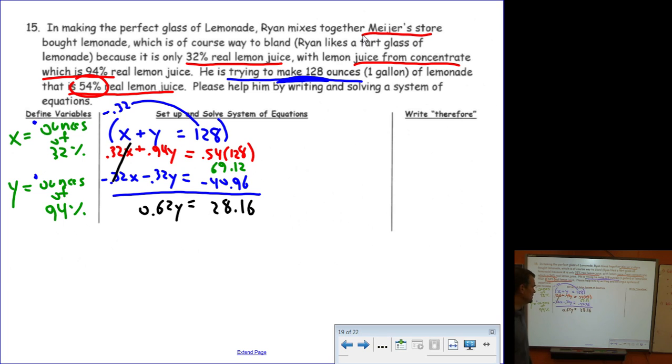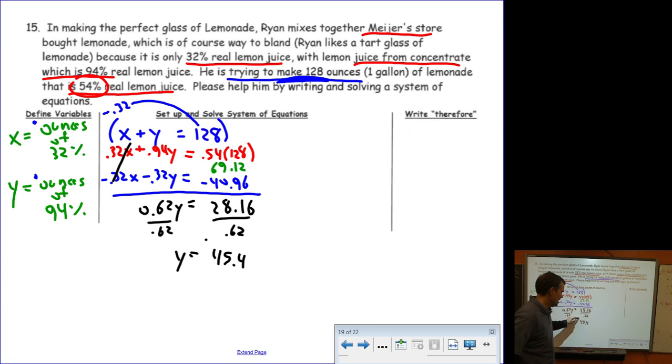And of course I can finish it off by dividing both sides by 0.62. And I get 45.4. I went ahead and rounded to the nearest tenth.